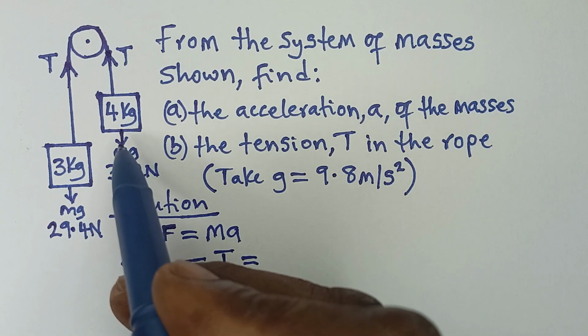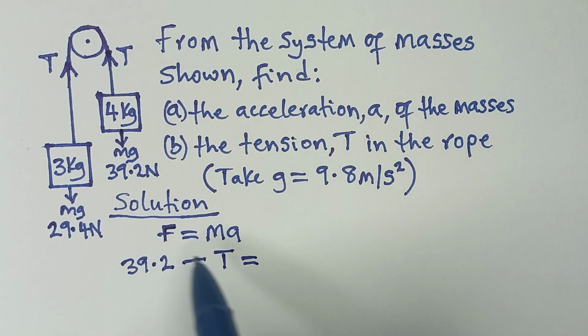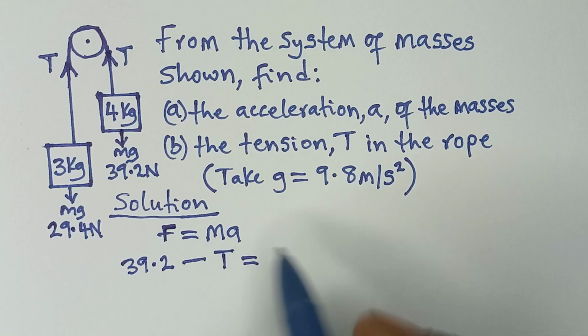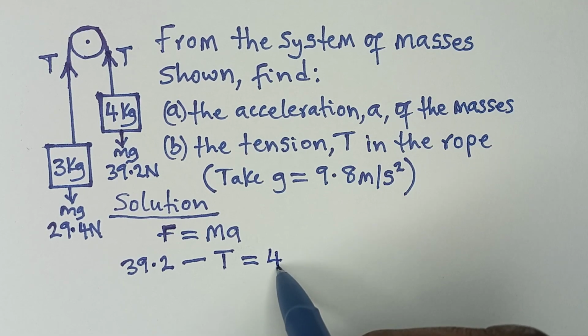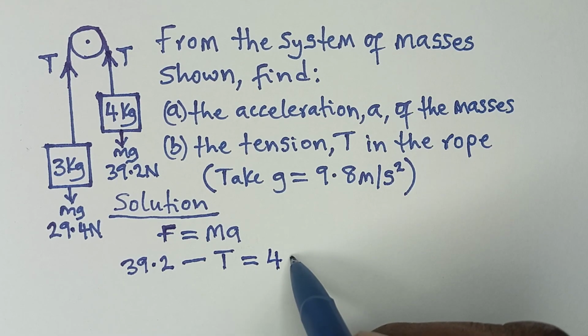And that resultant force with which it goes down will be equal to MA, which is written as M is 4 for the 4 kilogram mass, and then A is the acceleration.